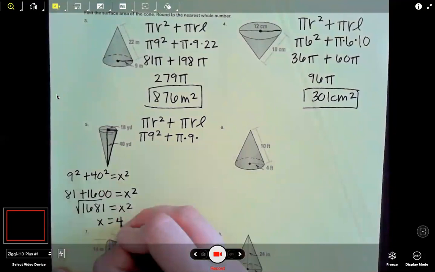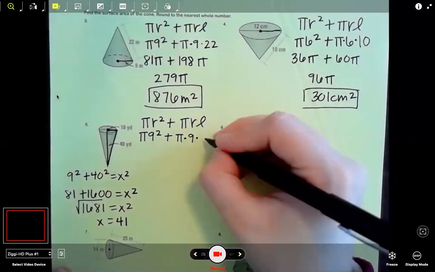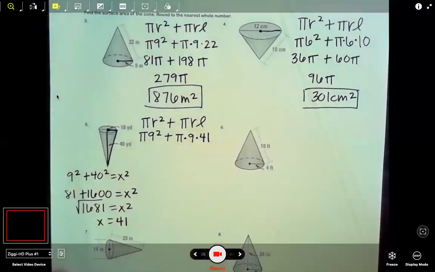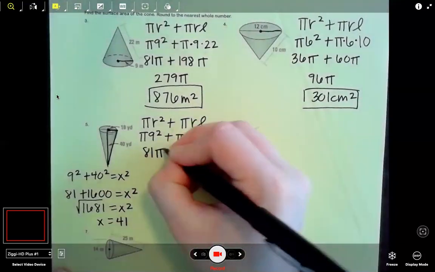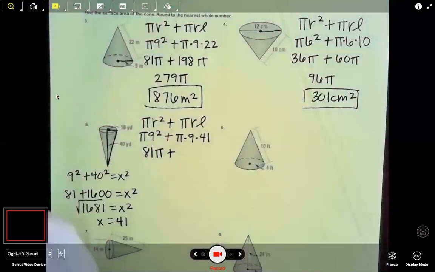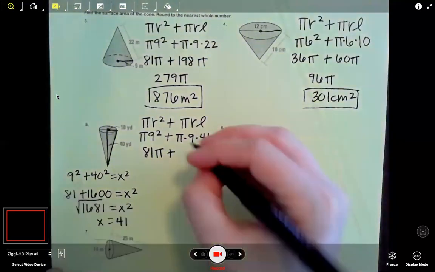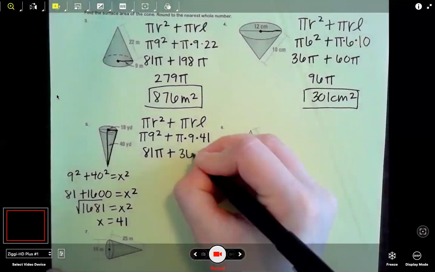So now we can plug that into our formula. Okay, let's see here. So we know that 9 squared is 81. Now we have to take 9 times 41. 369. That's what I got. Good work, team.